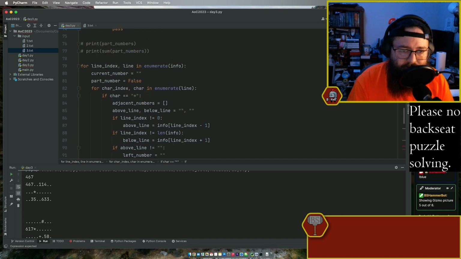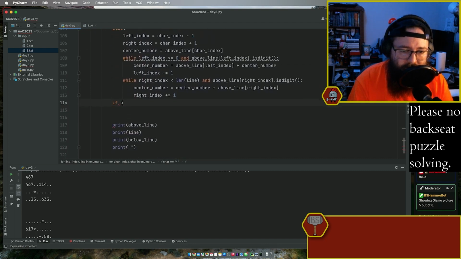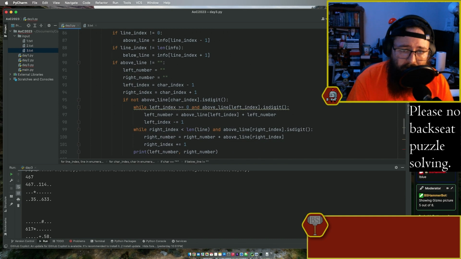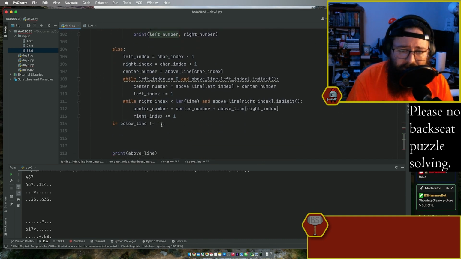If below line, you need the exact same thing. I think I can make all of this logic the same.